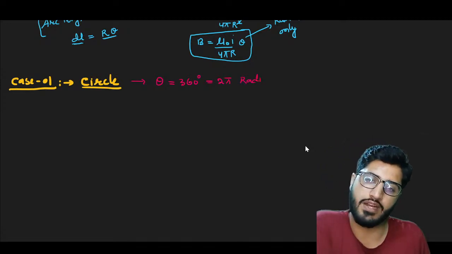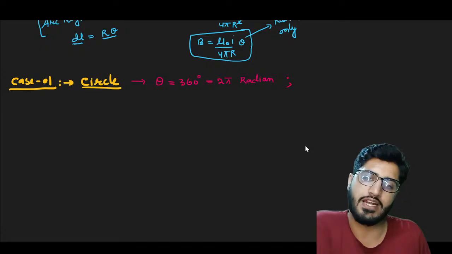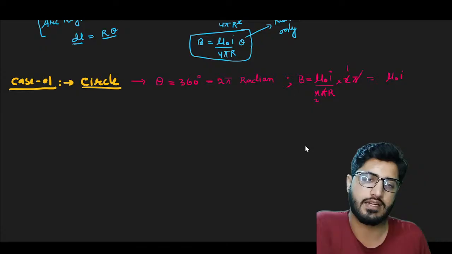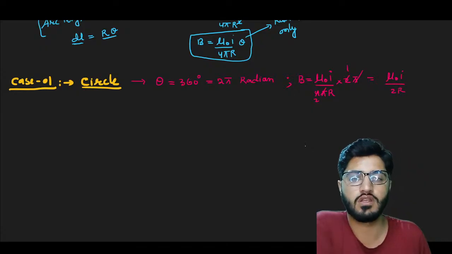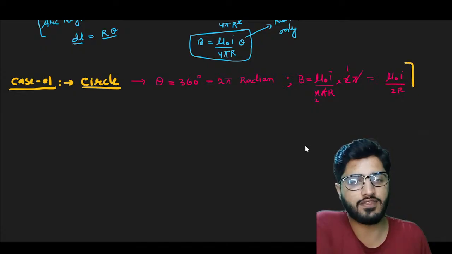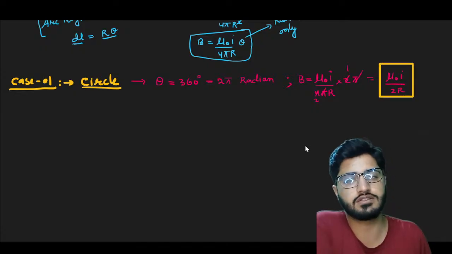So B equals mu naught I divided by 4 pi r, times theta, and theta is 2 pi. Pi cancels out, 2 ones are 2, 2 2s are 4. It is equal to mu naught I divided by 2r only. So the magnetic field at the center of a circle is this much.